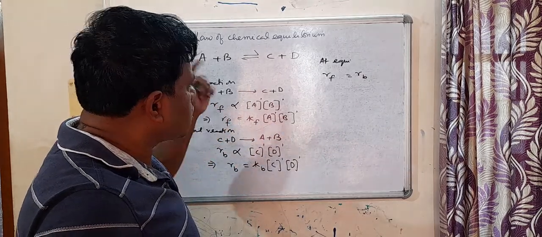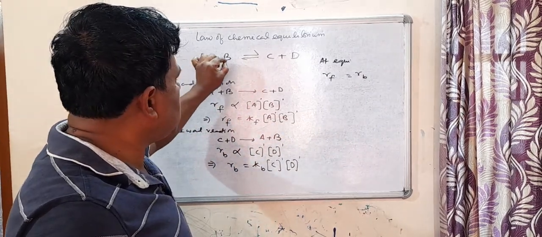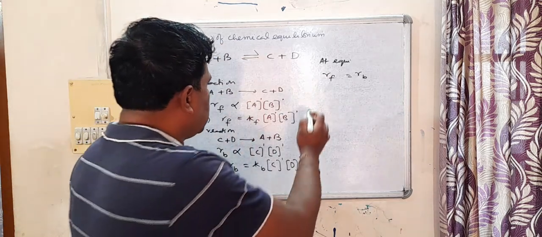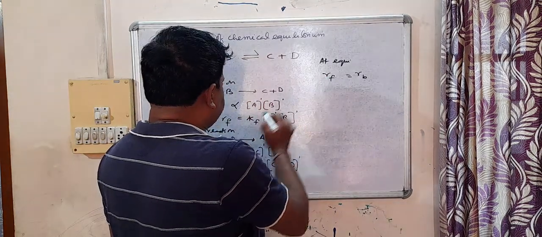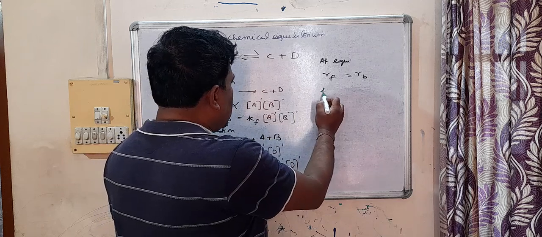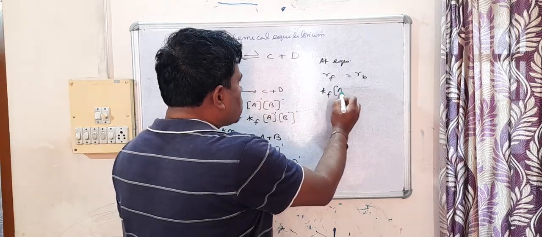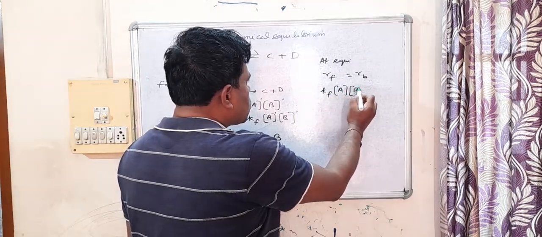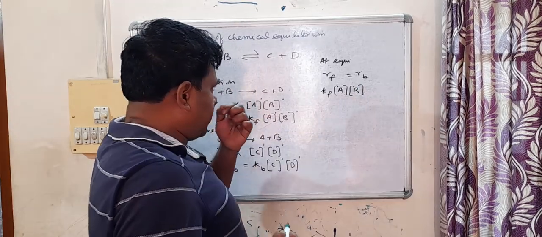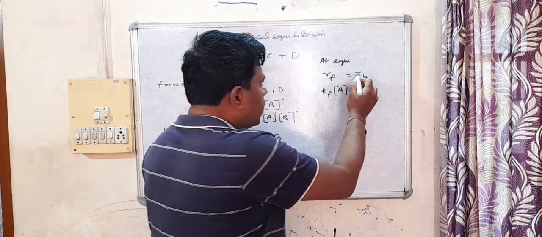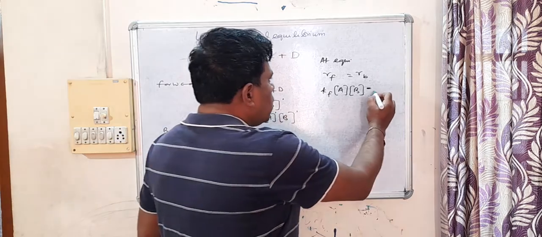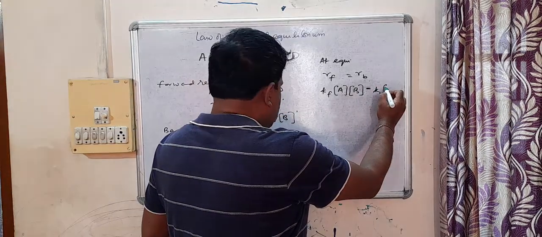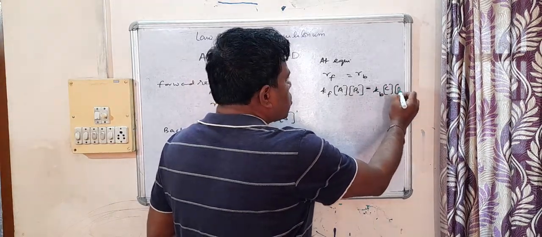So considering the concentrations of A, B, C and D at equilibrium, Rf will be Kf, molar concentration of A into molar concentration of B, and Rb will be Kb, molar concentration of C, molar concentration of D.